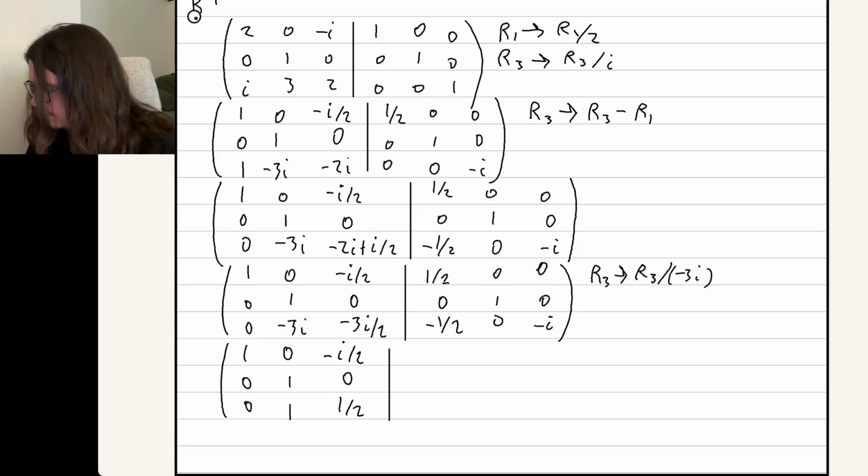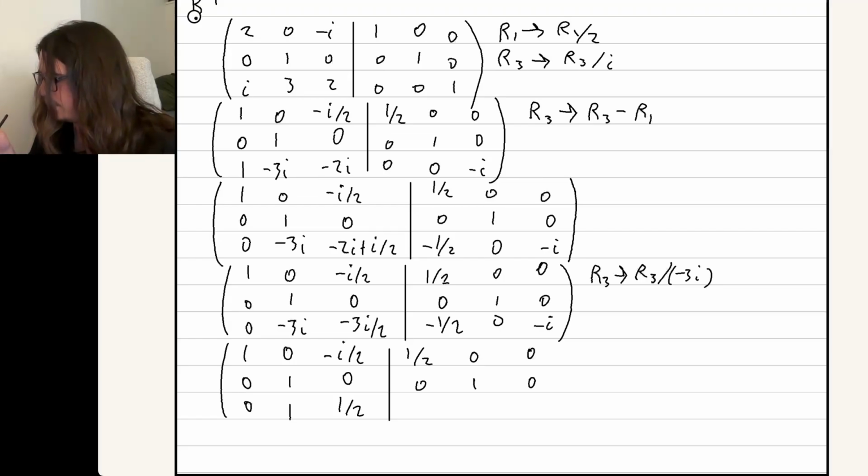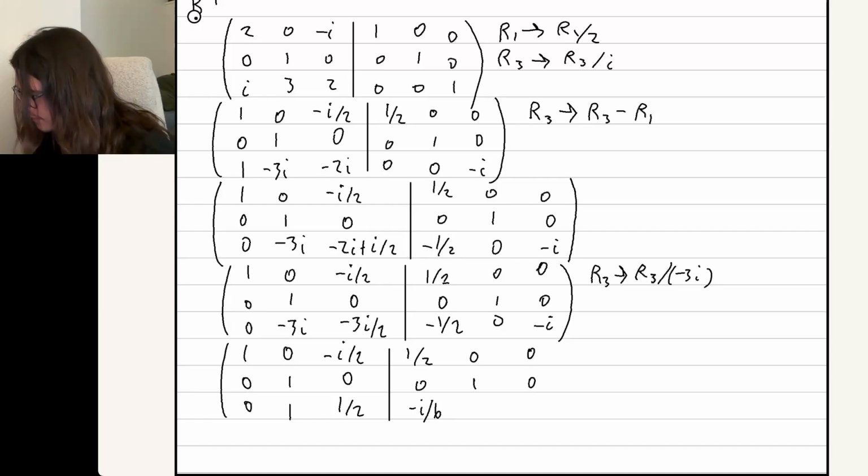And then this is going to be 1 half, 0, 0, 0, 1, 0. So it's minus 1 half divided by minus 3I. So it's going to be 1 over 6I, so just minus I over 6. And then we've got a 0 here, and then a plus 1/3 here.